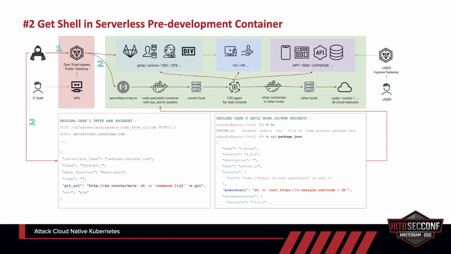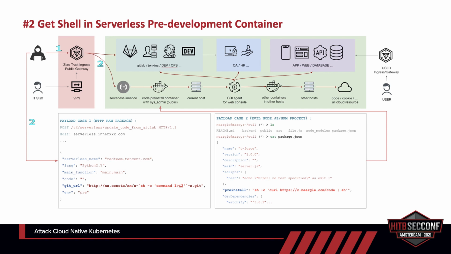The domain name is serverless.email.com. When the URL of a new Git project is provided to the web service, the serverless service will have a public container to clone and download the project code, install dependencies, and refactor. This is a very imaginative feature for us.